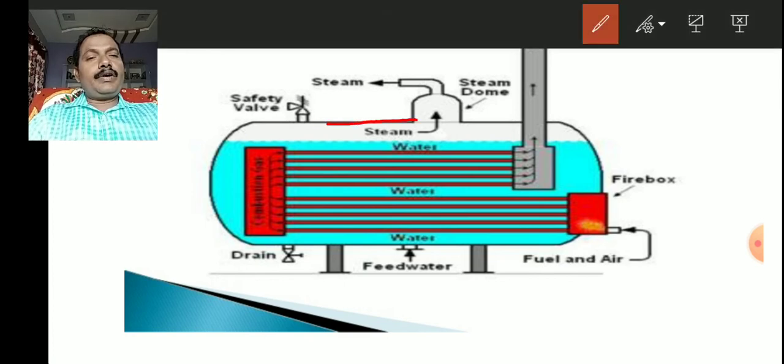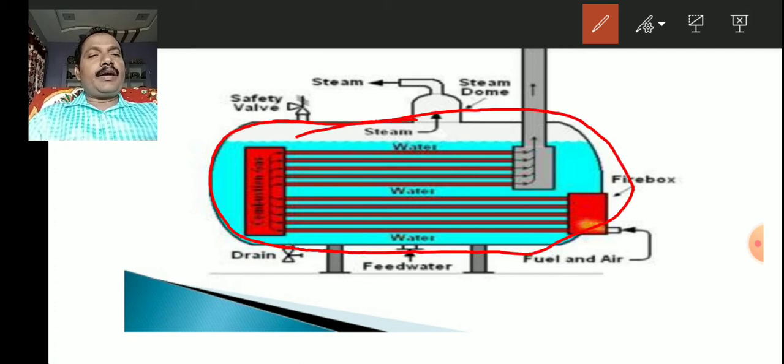This water drum is filled with water, and continuously the water is flowing. This is the feed water supply into the boiler drum. Now these fire tubes are immersed in this water. You see, these are the fire tubes, immersed in the water.